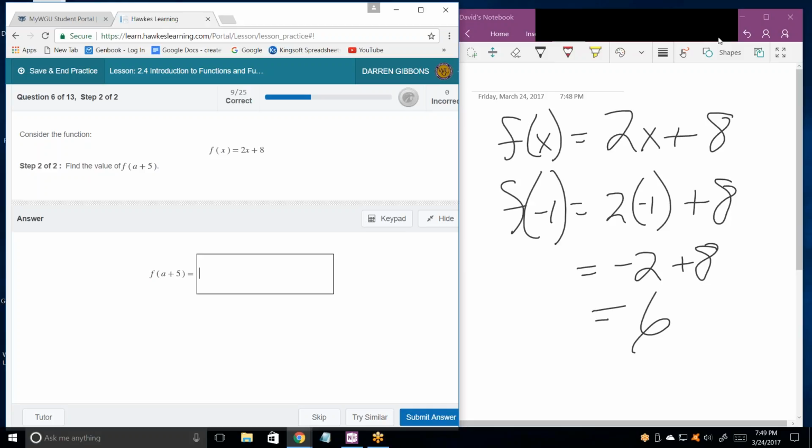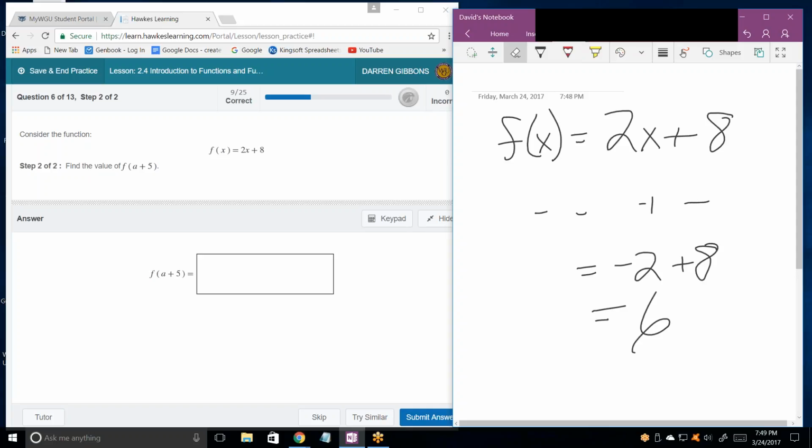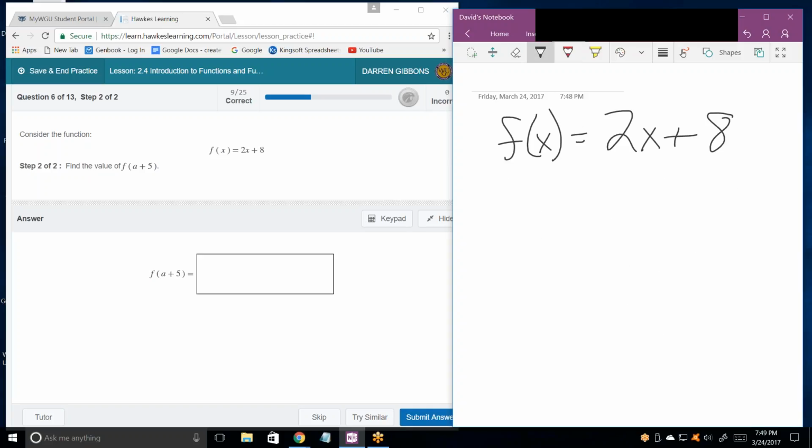Okay, now they're getting a little bit more complicated. Same function, but this time they want to know what f of a plus 5 is. So 2 multiplied by a plus 5, plus 8. And now simplify that.